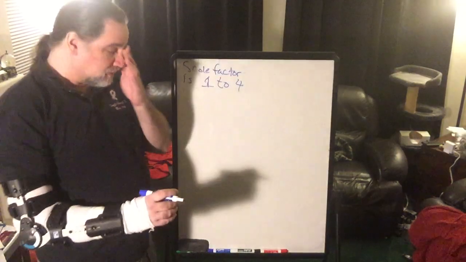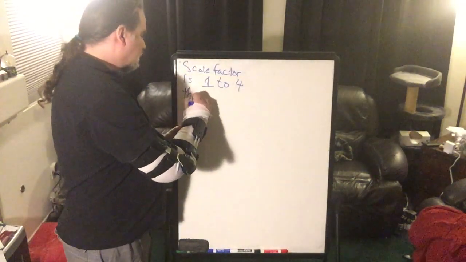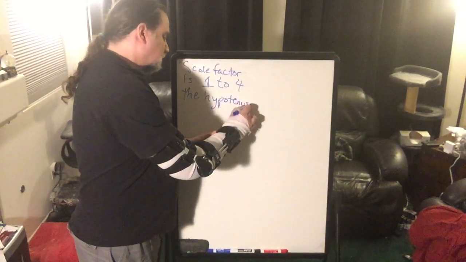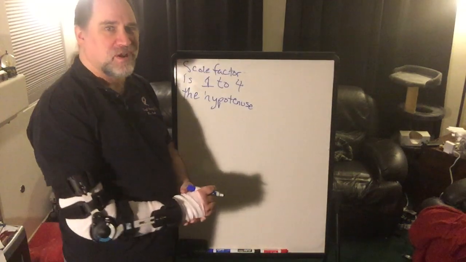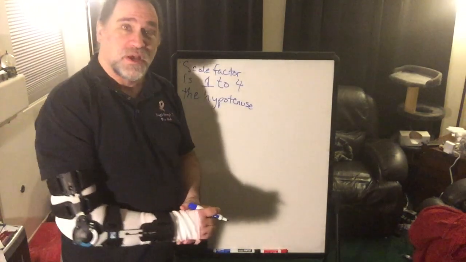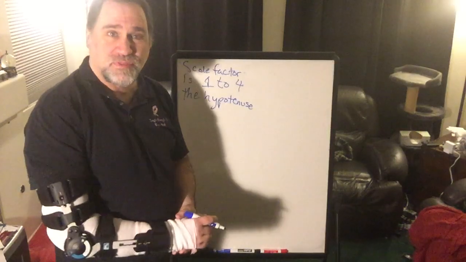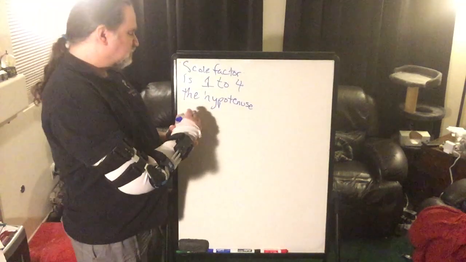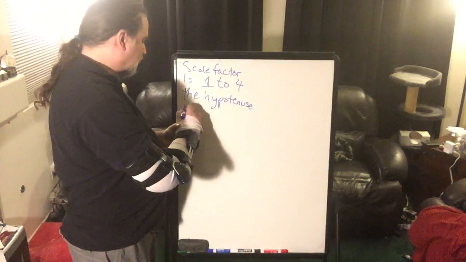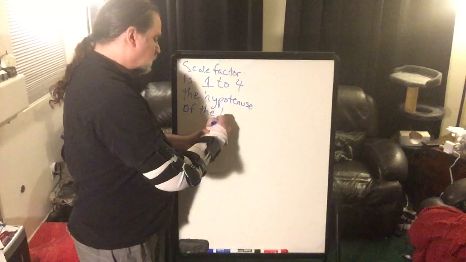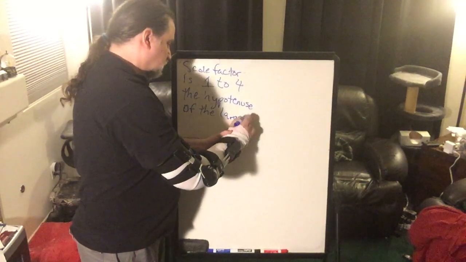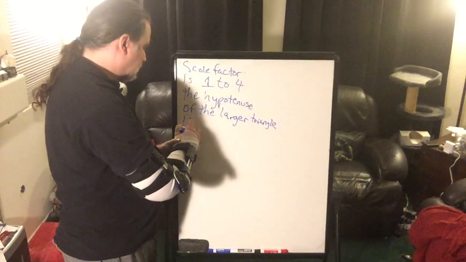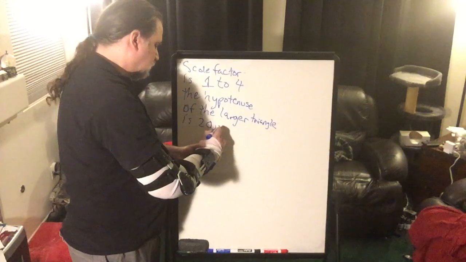And in this case, we're going to talk about some triangles. So we can say the hypotenuse, which is the longest side of a right triangle, we'll spend a lot of time talking about that if you check out my videos on the Pythagorean theorem and right triangles, which I haven't made yet, but they're coming, of the larger triangle is 20 inches.